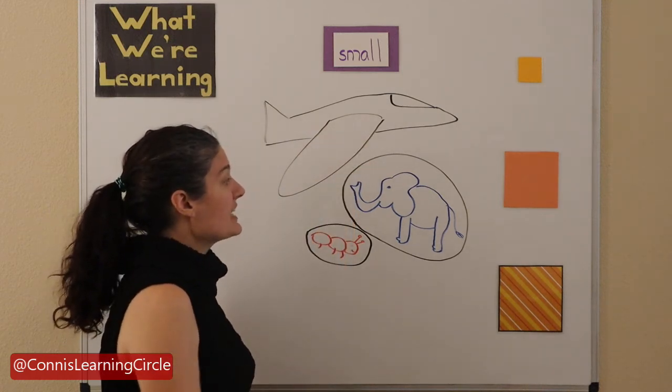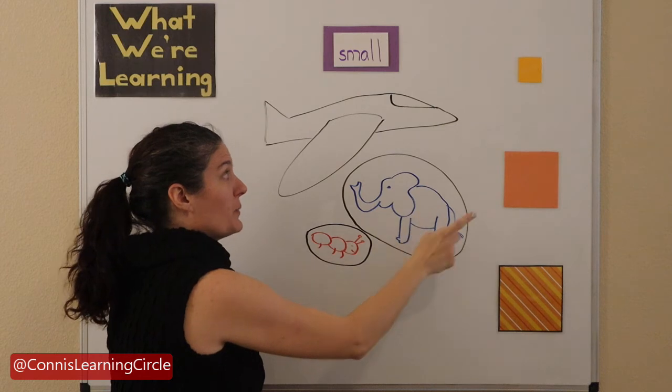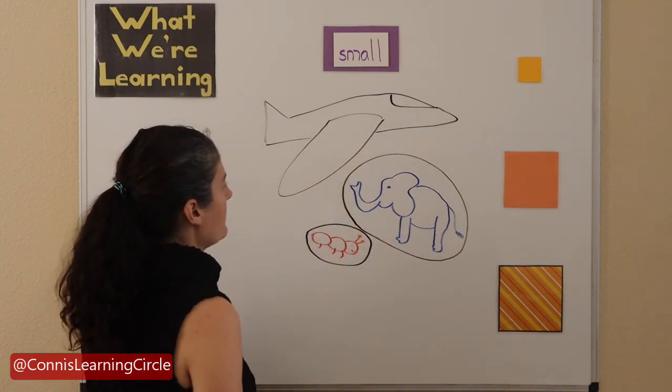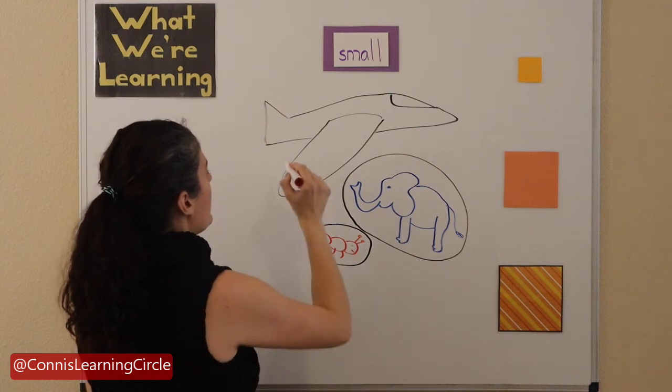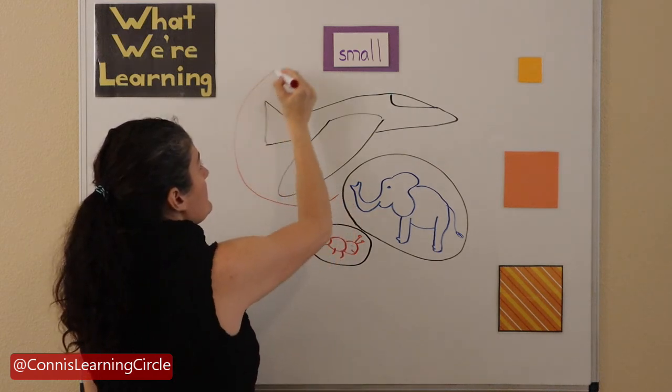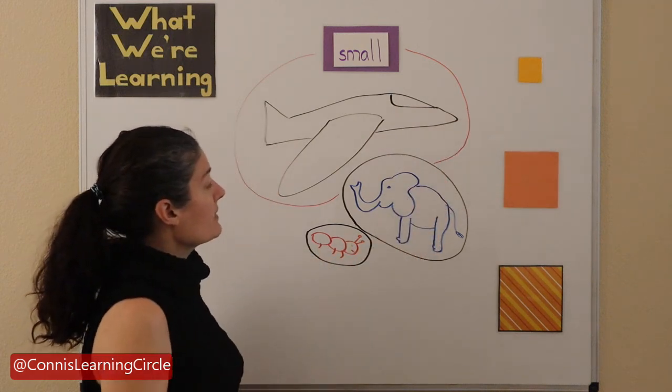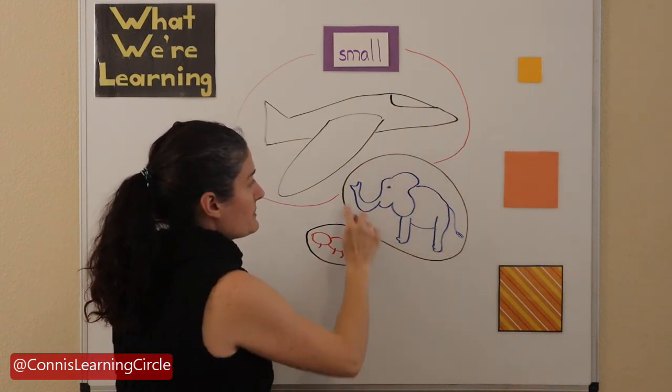Very good. If you said the elephant is small when we compare it to the airplane, you're correct, because let's look at this. Look, our airplane takes up all of this space, and our elephant only takes up this much space.